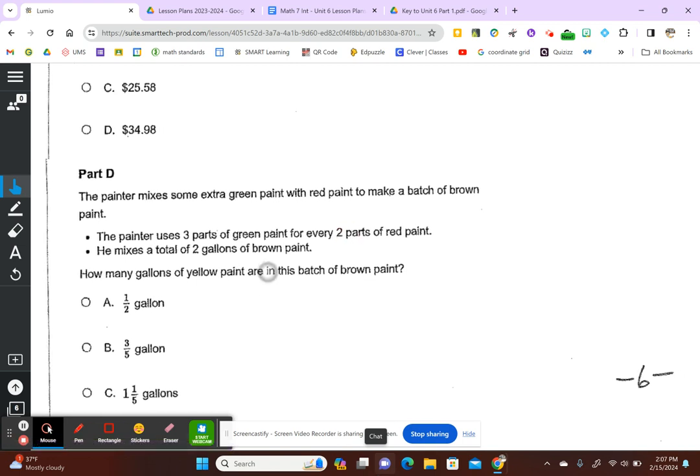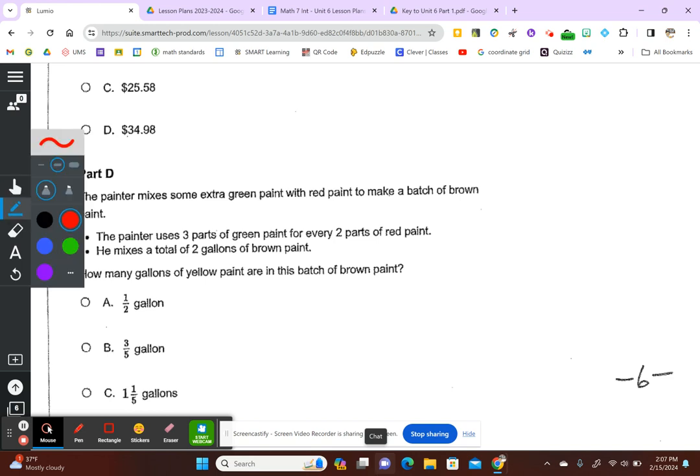So part D says, the painter mixes some extra green paint with the red paint to make a batch of brown paint. The painter uses 3 parts of green paint for every 2 parts of red. So 3 parts of green for 2 parts of red. So the total is 5.